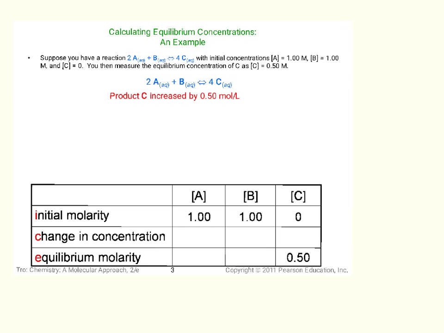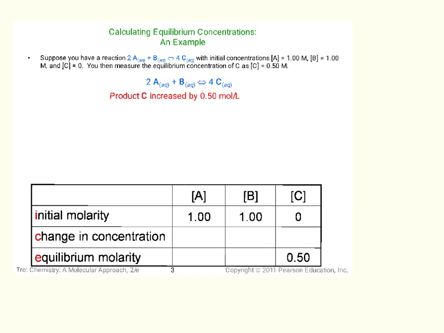We are given that the initial concentrations of A and B are 1 molarity and the initial concentration of C is 0. At equilibrium, the measured concentration of C is 0.50 molarity. The question is to find the equilibrium molarities of A and B.